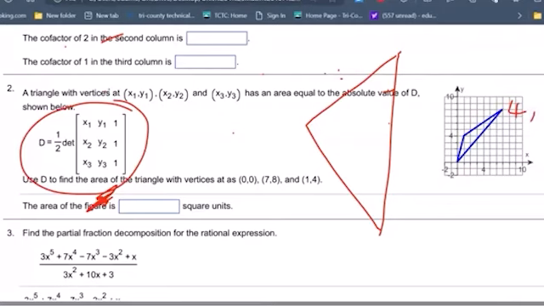This is 4, 5, 6, 7, 8. Okay, so that's 8. I'm going to write 4, 8 here. So the vertex of that triangle is 4, 8. Okay, so let's find the vertices of this one.